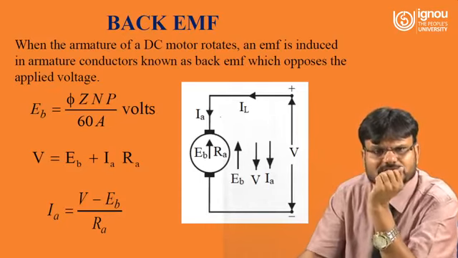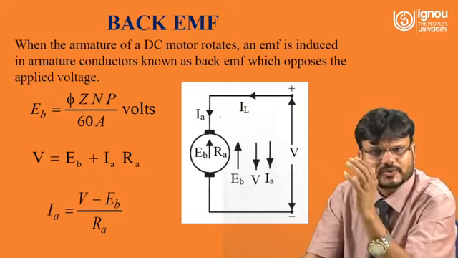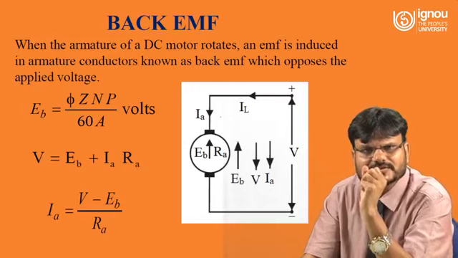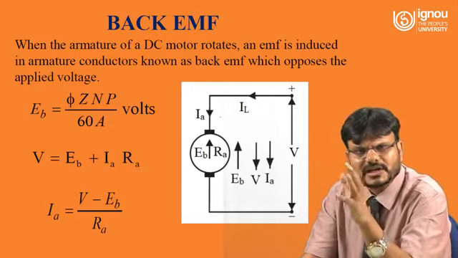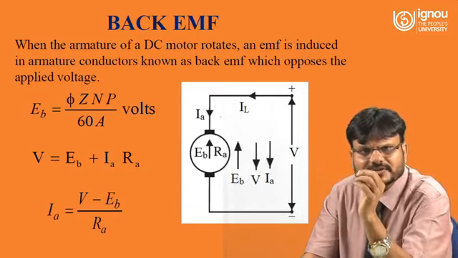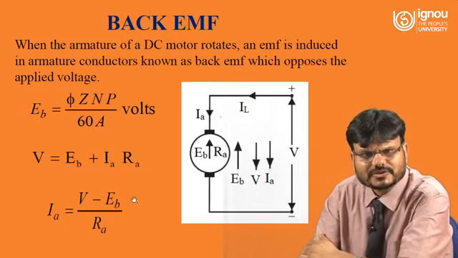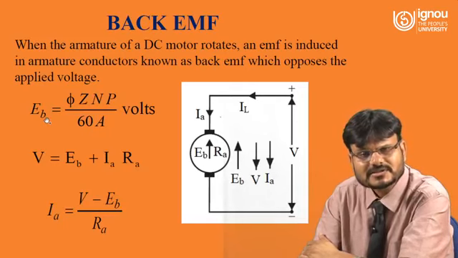So suppose you assume when the motor is not running, or you can say it is about to start, or you can say the speed is equal to 0, that means n is equal to 0. Because n is equal to 0, what is the value of EB? That means EB is 0.